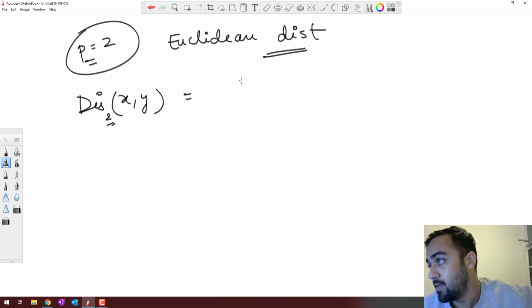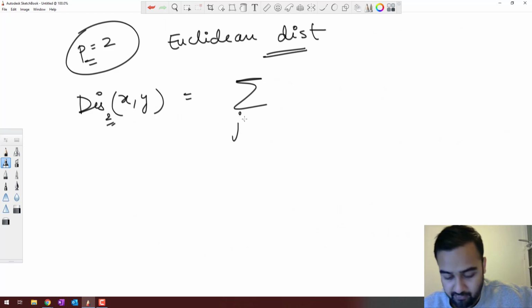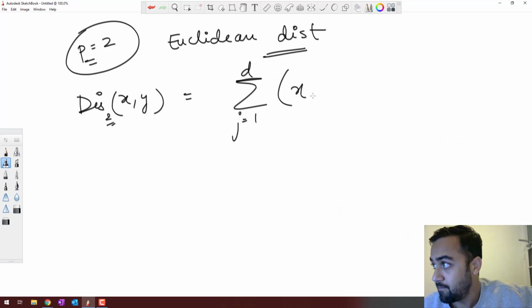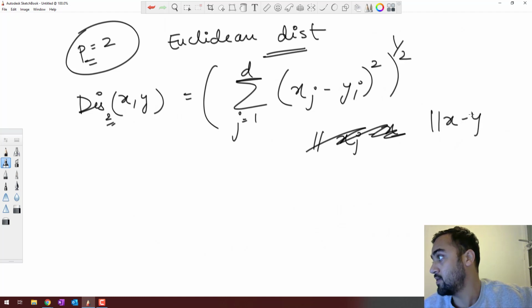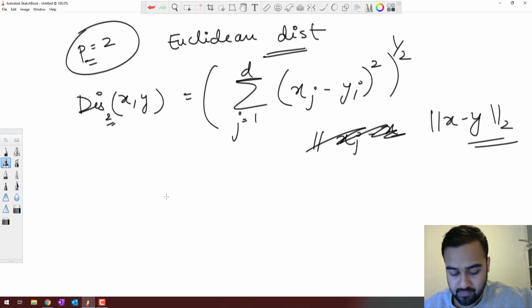This gives us the square root of the sigma from 1 to d of xj minus yj squared. That is the L2 norm.